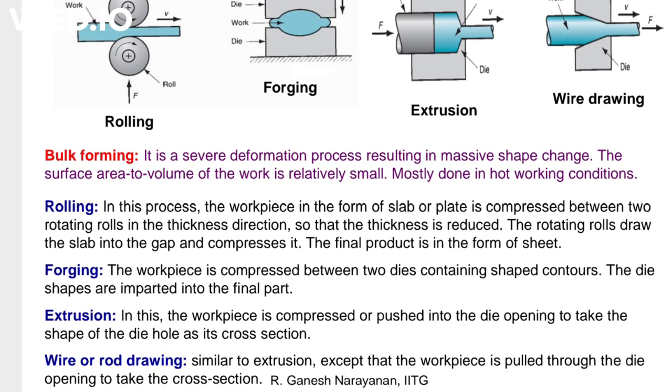Bulk forming is a severe deformation process resulting in massive shape change. The surface area to volume ratio of the work is relatively small, and it is mostly done under hot working conditions.